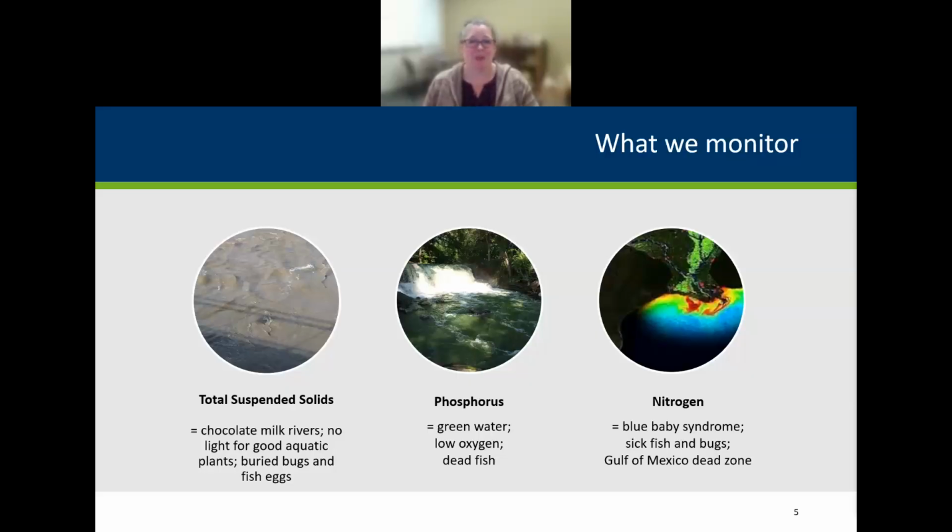It's toxic or can be negatively impacting fish and macroinvertebrates that live in the streams. And we're all connected. We're a headwater state in Minnesota, and it's going to go downstream and contribute to that dead zone in the Gulf of Mexico. So that's where we have low oxygen from nitrogen growing algae, and contributing to fish kills and shellfish kills down there.